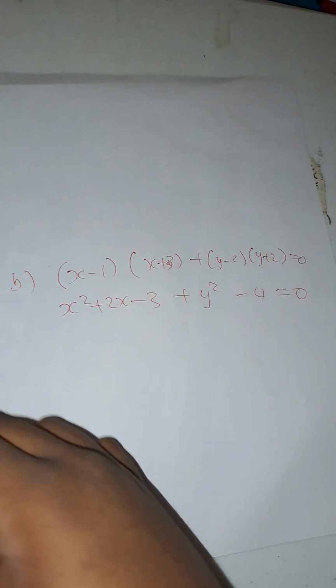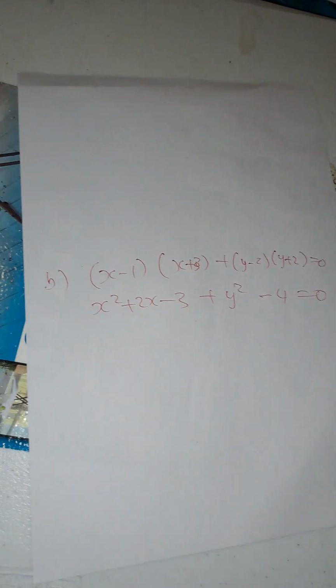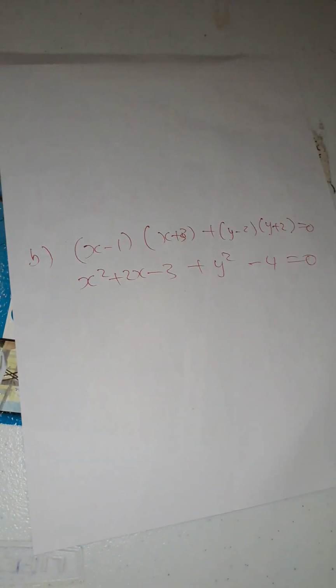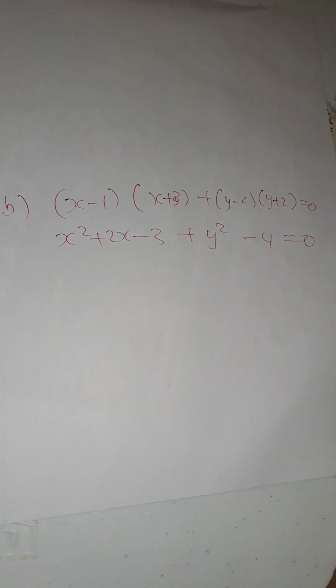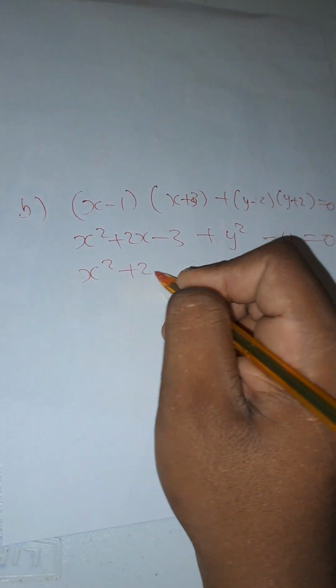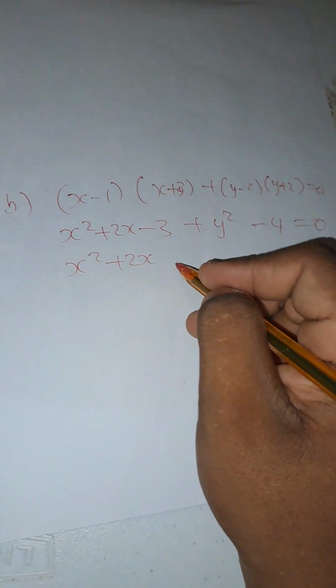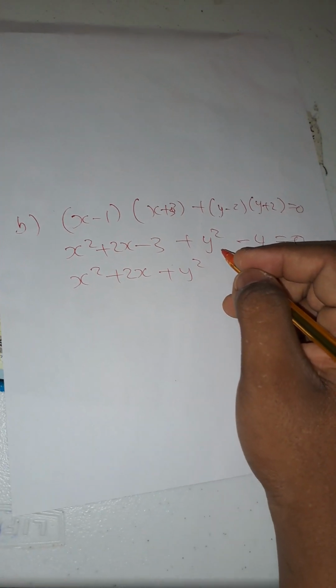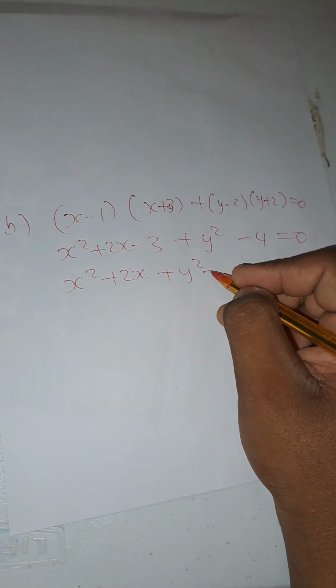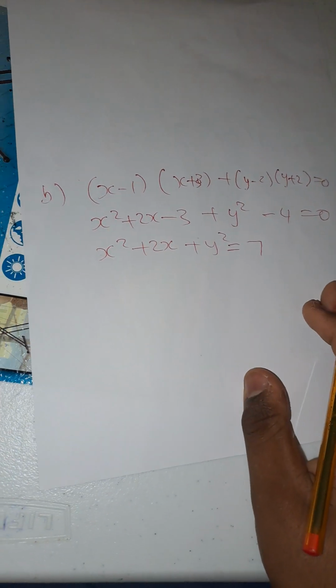You can do your things slowly, but I don't want to waste time. Same thing: x² + 2x + y², and what is minus 4 minus 3? It is minus 7. Take that to the other side, it will be 7.